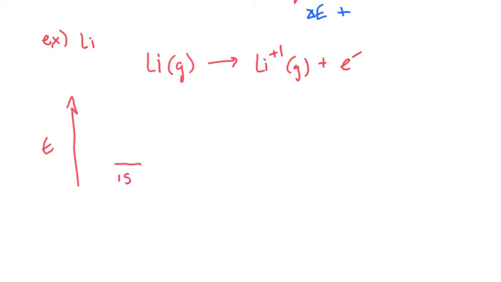We're going to start out with our 1s orbital, and we're going to go 2s, and then obviously we can keep going with this, but because we only have 3 electrons, we're only going to need these 2 subshells. So we have 1, 2, 3 electrons.